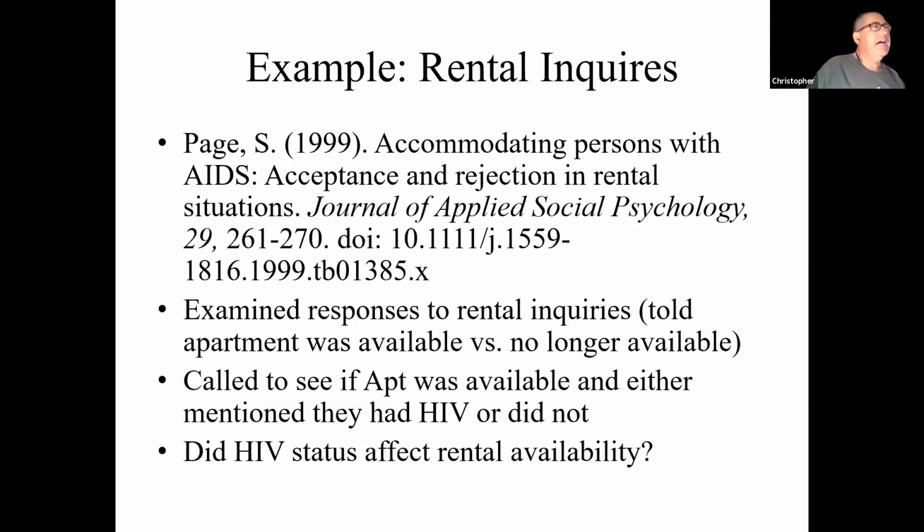So it wasn't uncommon for something to be rented and for the ad to remain for the rest of the week there. They called to see if the apartment was available, and they either mentioned they had HIV or did not mention that they had HIV. So the authors here were interested in whether HIV status affected that rental availability, reflected what the landlords were saying about the apartments, whether that caused an unwillingness to rent to people with HIV.